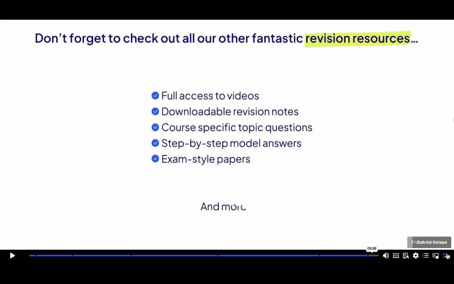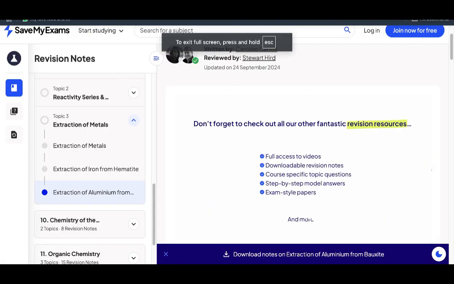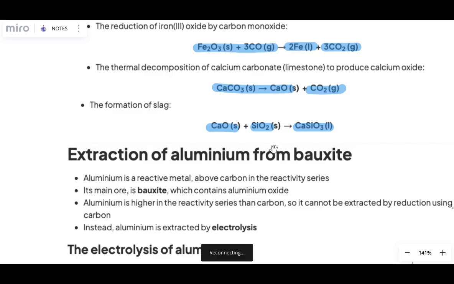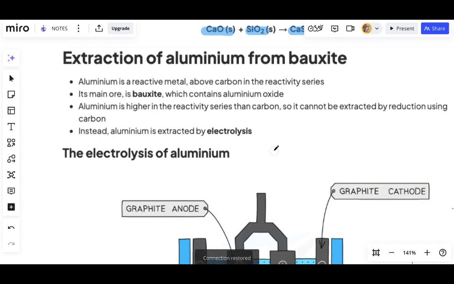Okay, so we've seen what is taking place at the anode and at the cathode. We said that aluminium is obtained from bauxite by electrolysis. Why?